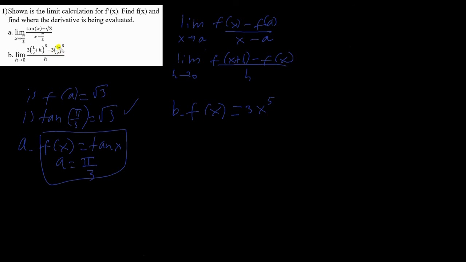In the parentheses we have 1/2, so x is 1/2. What that means is, for this question, we're taking the derivative of 3x to the 5th at the value of x equals 1/2. Okay, so that's the answer to part B.